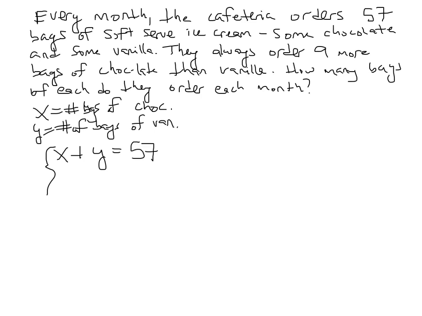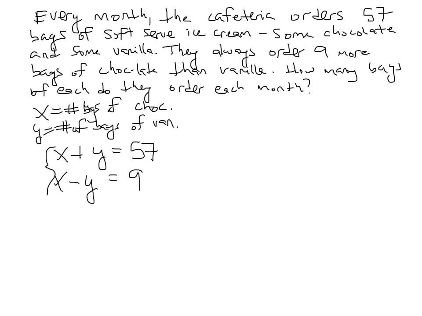Now, they always order 9 more bags of chocolate than vanilla. So there's more chocolate being ordered than vanilla, and the difference between the two is 9. So we're going to take the number of bags of chocolate and subtract the number of bags of vanilla, and the difference between them is always 9.